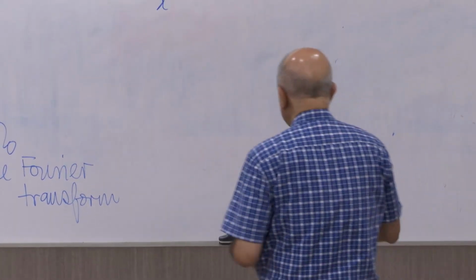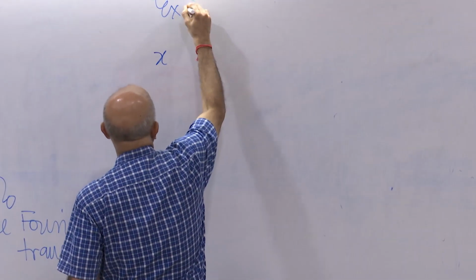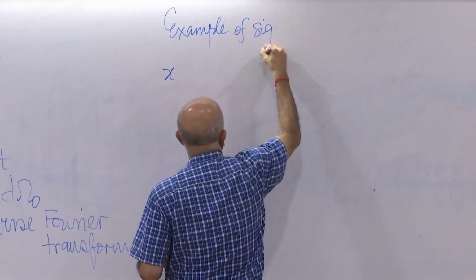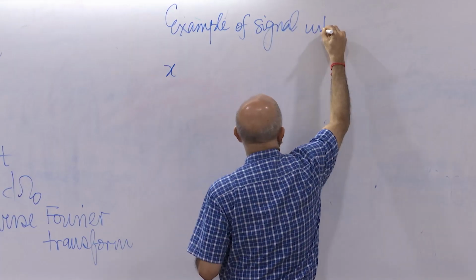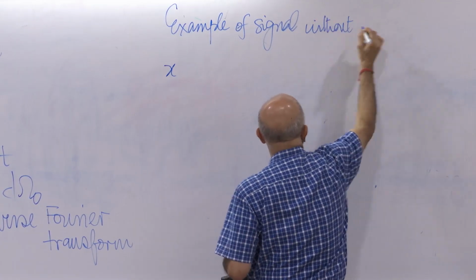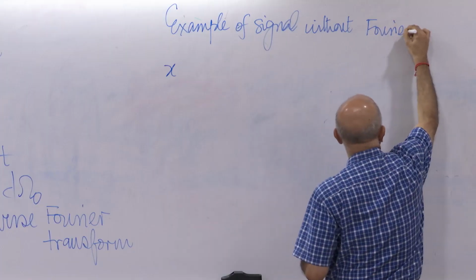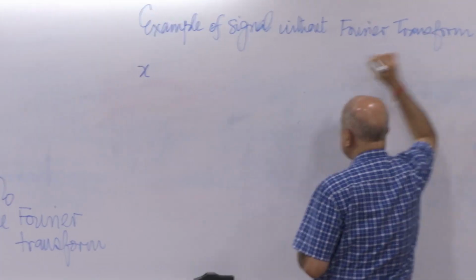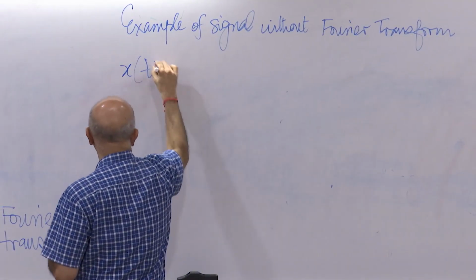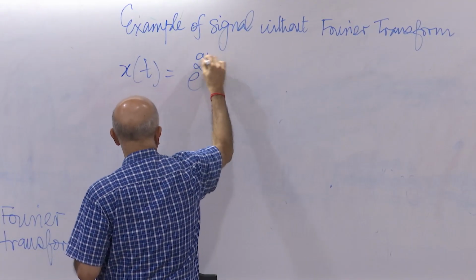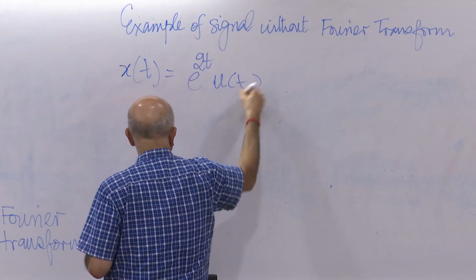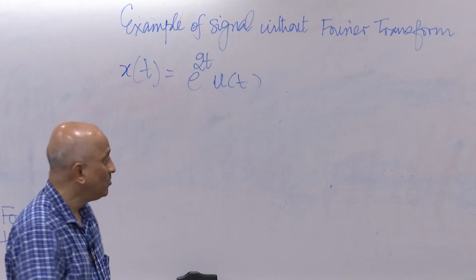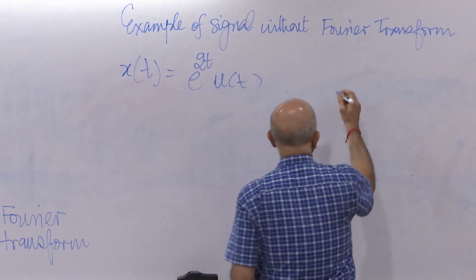To be clear, let's take an example of a signal which does not have a Fourier transform. Suppose you take a growing exponential. Does it have a Fourier transform? Well, what if it did, what would the Fourier transform be?